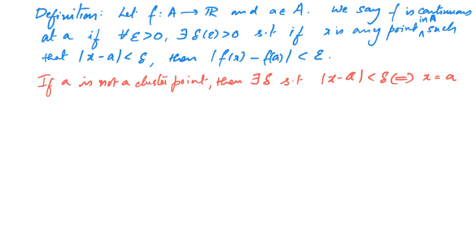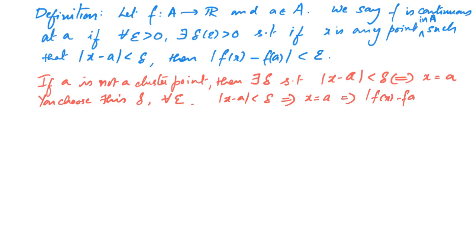So what you do is you choose this delta for every epsilon. And for this delta, what happens is mod of x minus a is less than delta implies that x is equal to a, which implies that mod of f of x minus f of a is equal to 0, which is less than epsilon. So the function will in fact be continuous at all points that are not cluster points.